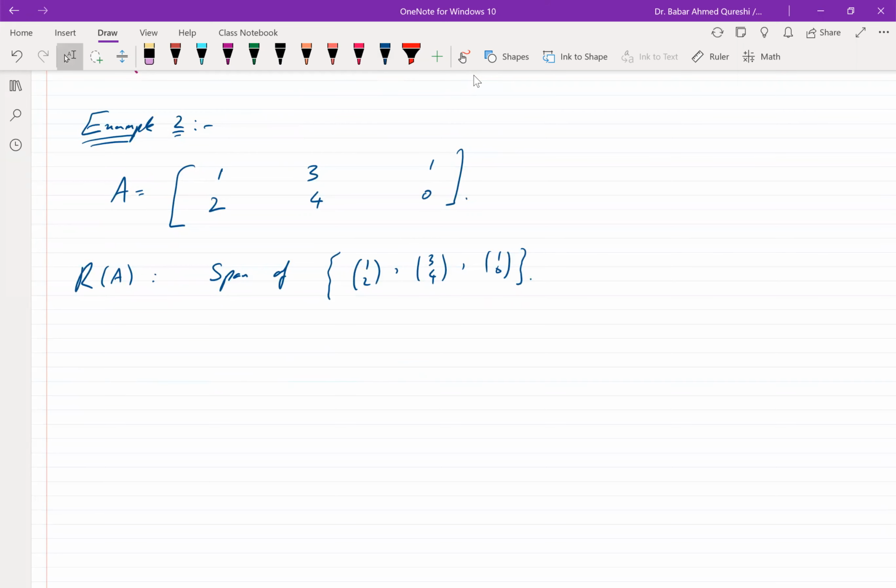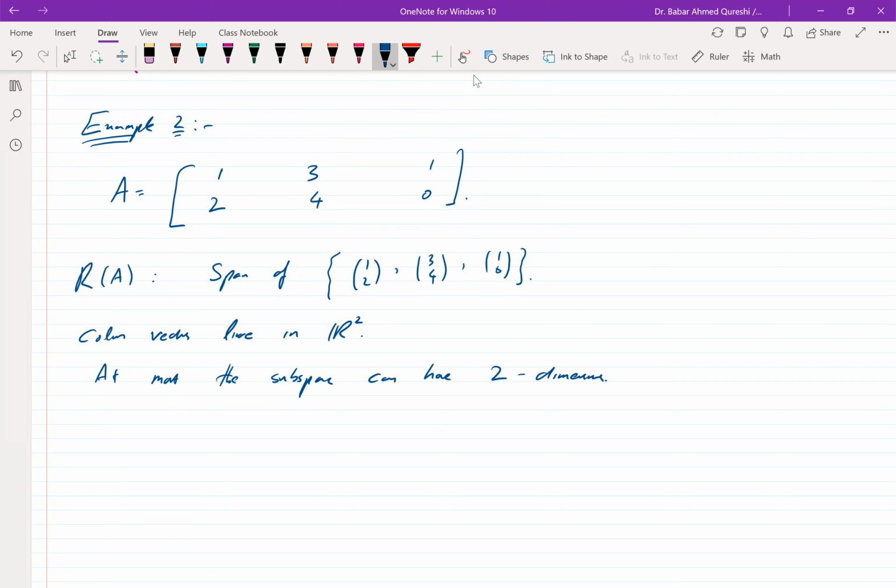Now these column vectors of A live in R2, so this span would be a subspace of R2. So at most, the subspace can have 2 dimensions.